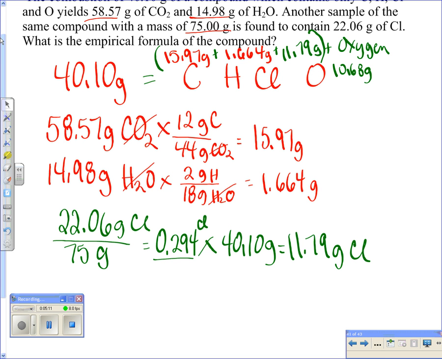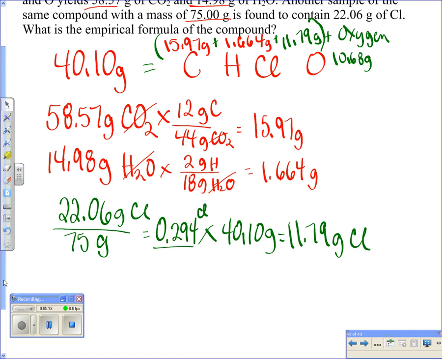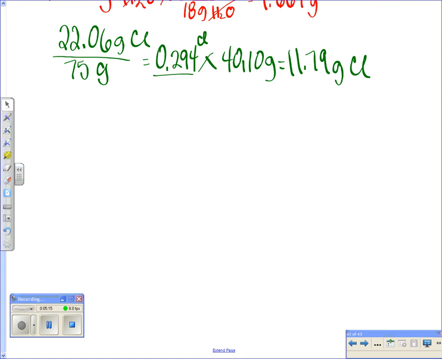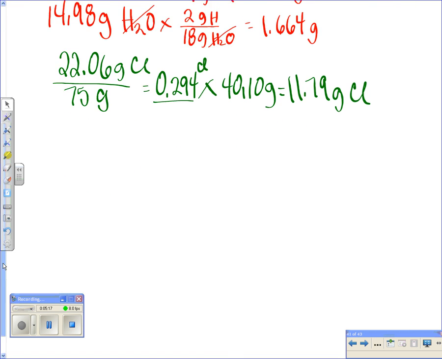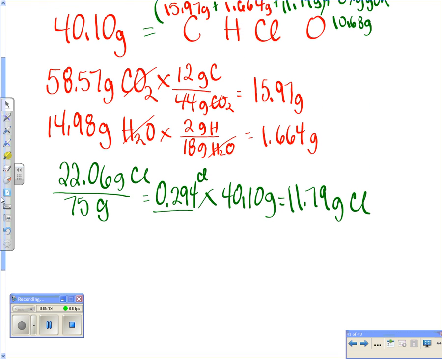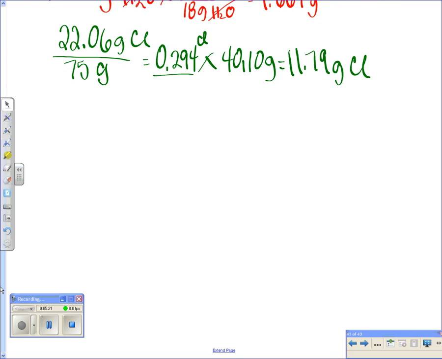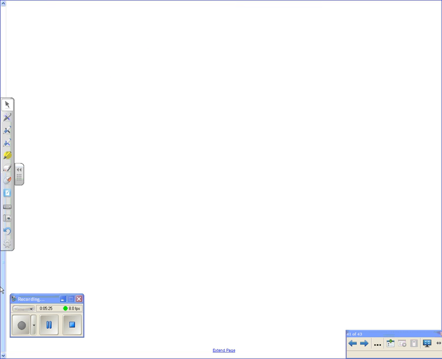So then the next step is, okay, I have all my grams. Now I move to a very simple empirical formula problem. So I'm just going to rewrite my numbers so I can get this to work out very simply. So I'm going to create my little empirical formula table now.